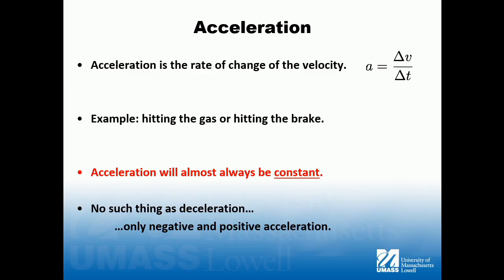Okay? In day-to-day language, people use 2 terms, acceleration and deceleration, indicating whether you're picking up speed or losing speed. In physics, we use one word, acceleration, and it implies velocity change. It doesn't say anything about whether velocity is increasing or decreasing.